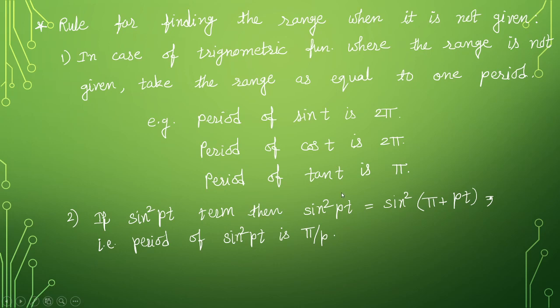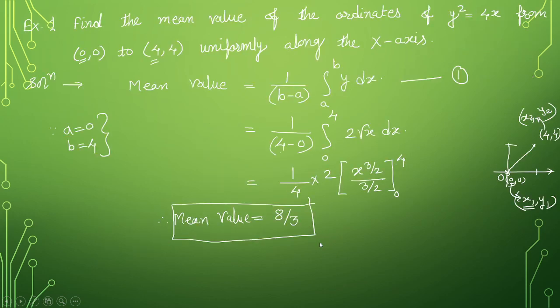Similarly, for cos and tan, here for tan we consider pi. Now suppose instead of the sine term, we have the sine pt term, in that case we consider for half period pi by p, and for the full, complete period 2 pi by p. In this way we will consider the values.